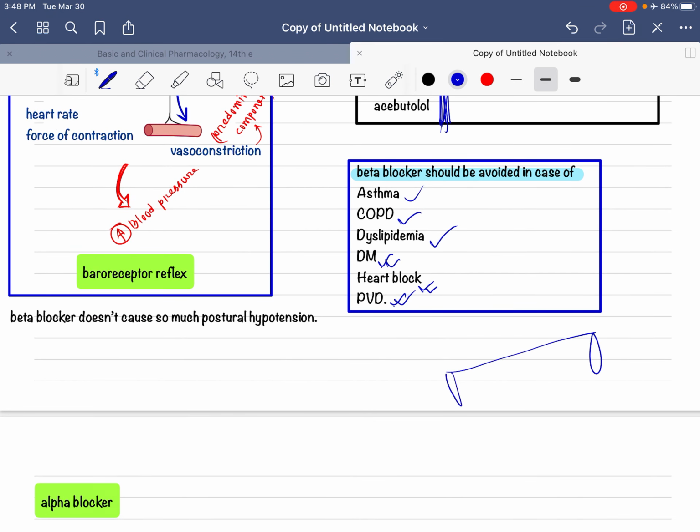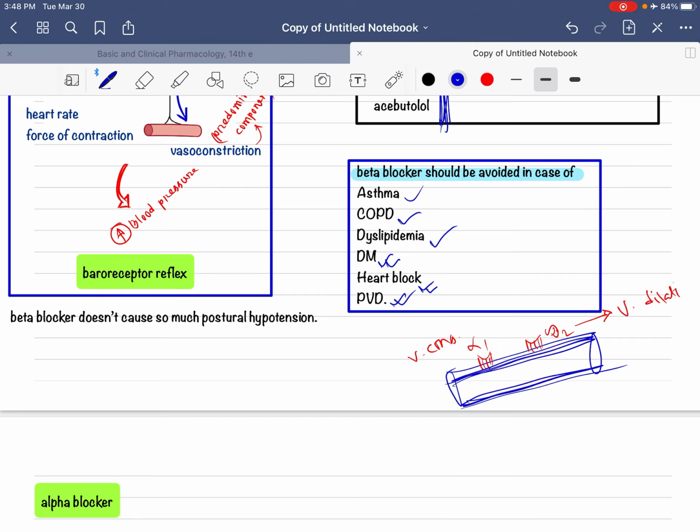Why? Because in blood vessels there are two receptors, one is alpha 1 and another is beta 2. The alpha 1 receptor causes vasoconstriction and the beta 2 receptor causes vasodilation. So if someone has peripheral vascular disease, that means the blood vessels are narrower.